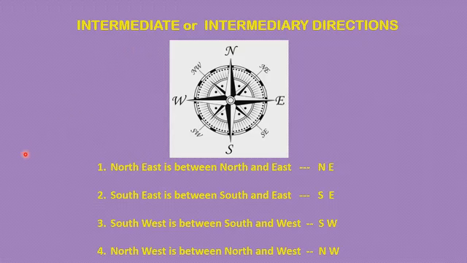Intermediate means in between. The direction between the north and the east is called northeast, that is NE. Northeast is between north and east. Southeast is between south and east, here, children, SE.